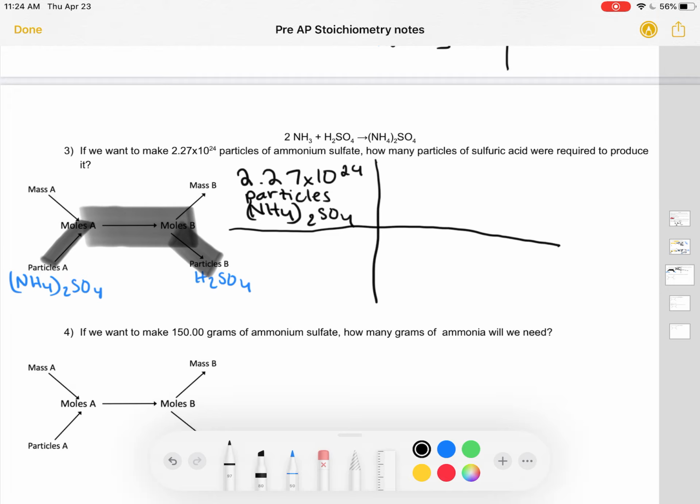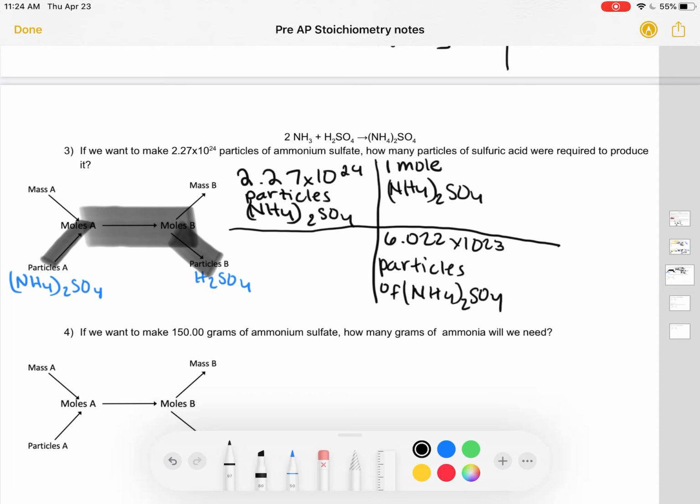So for every 1 mole of ammonium sulfate, we had 6.022 times 10 to the 23 particles of ammonium sulfate. Okay, so now we have gotten rid of particles of ammonium sulfate. Cool beans.